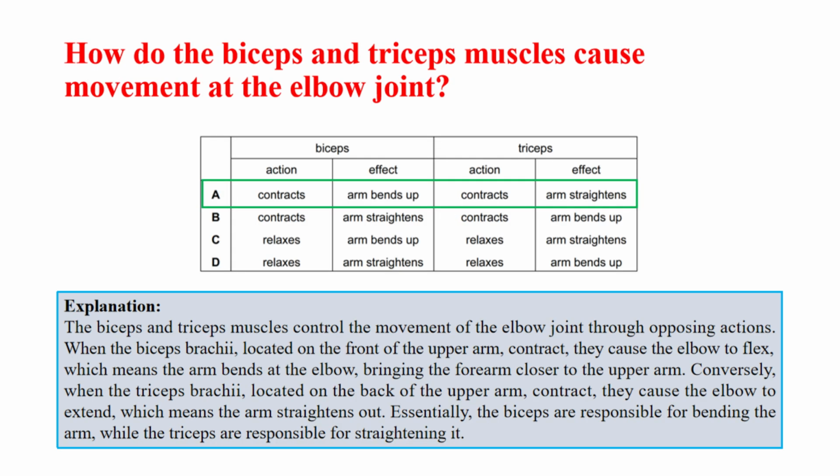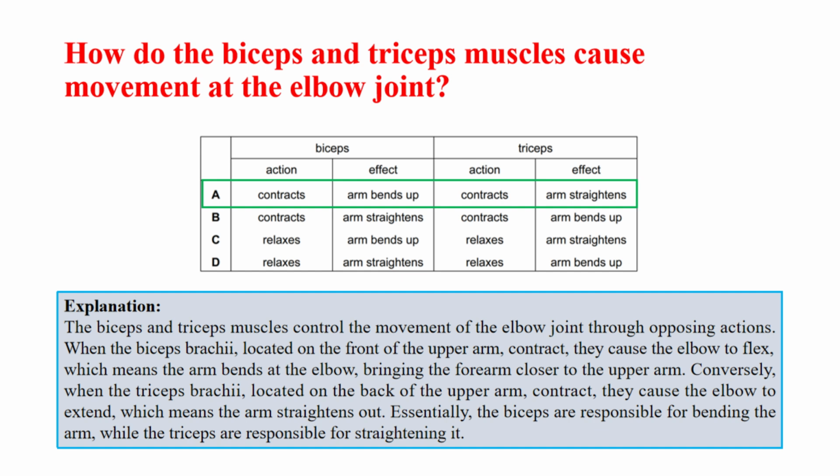In this question we are exploring how the biceps and triceps muscles control movement at the elbow joint. Let's dive into a question about their roles. The question is, how do the biceps and triceps muscles cause movement at the elbow joint? Options. A. Biceps contract, arm bends up, triceps contract, arm straightens.